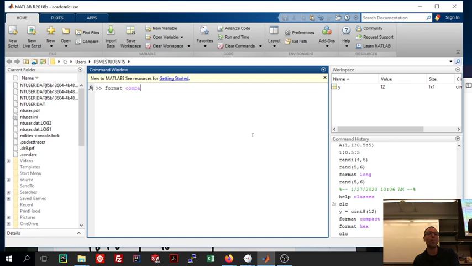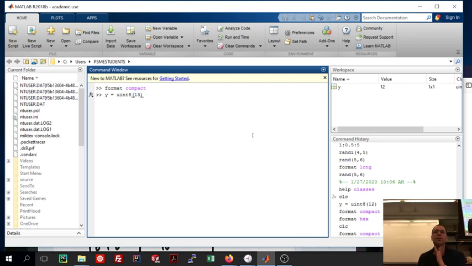Okay, so let's do this again. Go format compact. What does format compact do again? Shortens it. Okay. And then go ahead and set y equal to uint8 of the number 13. What do I mean uint8? Forget 13. Let's put 0.